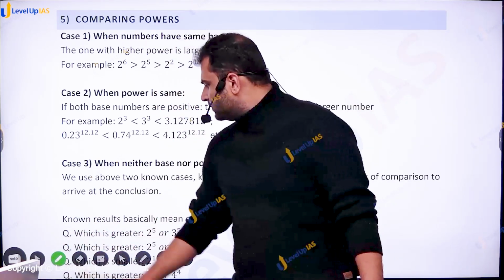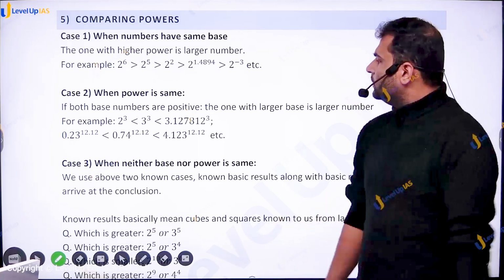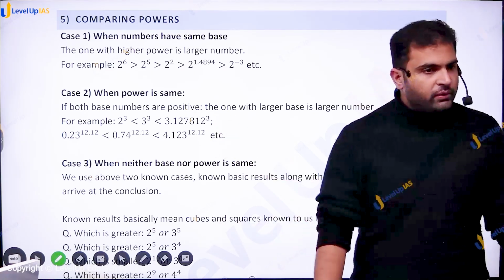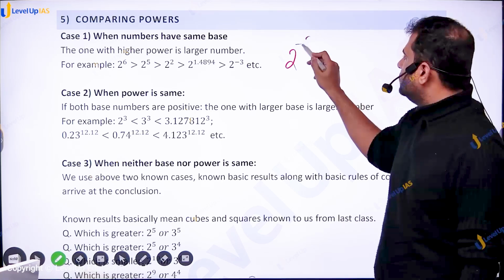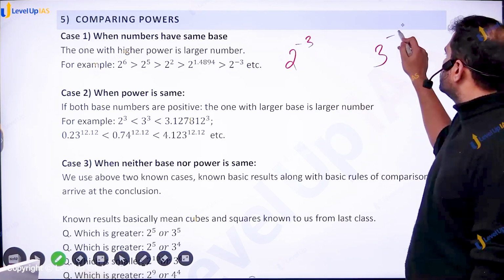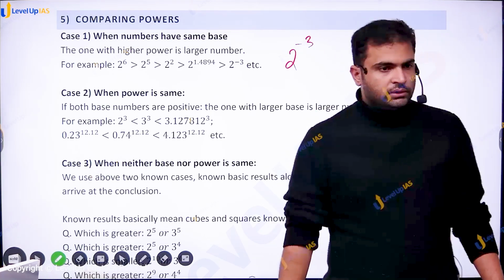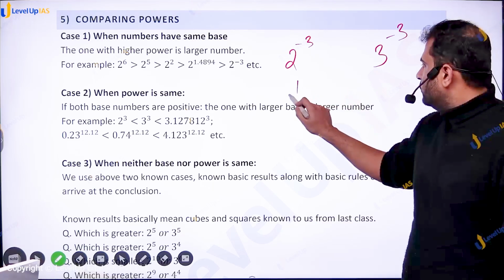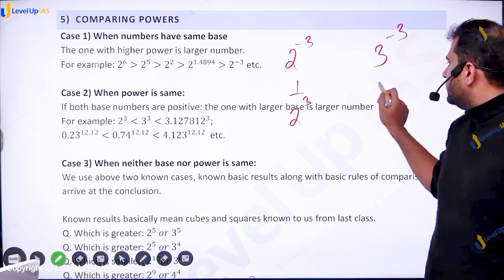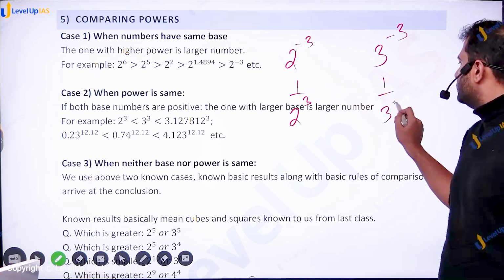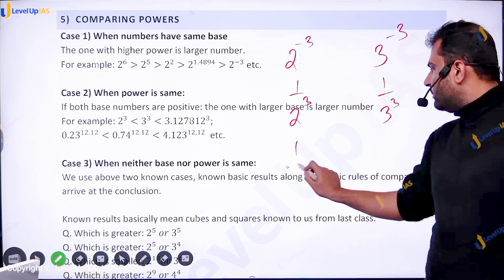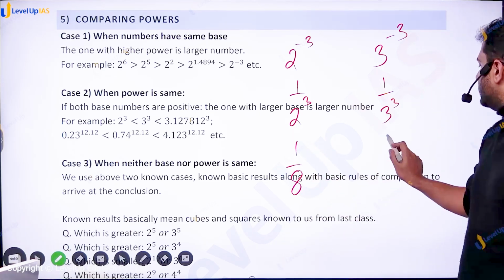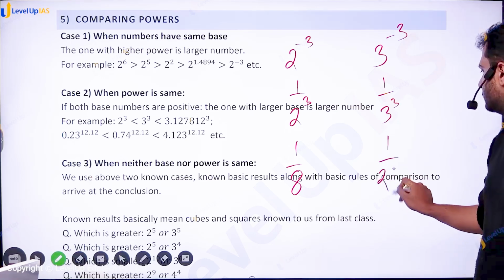But for negative powers, what would happen? If I continue with 2 raised to minus 3 and 3 raised to minus 3, this is 1 by 2 raised to 3 and this is 1 by 3 raised to 3, right? Which is 1 by 8 and 1 by 27.